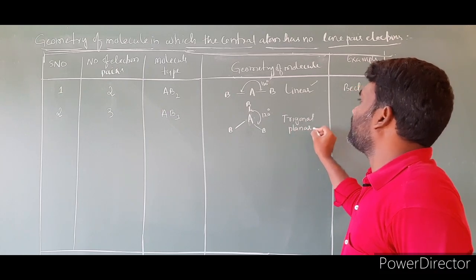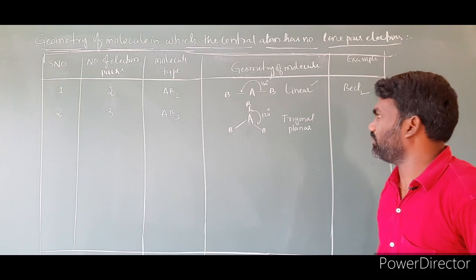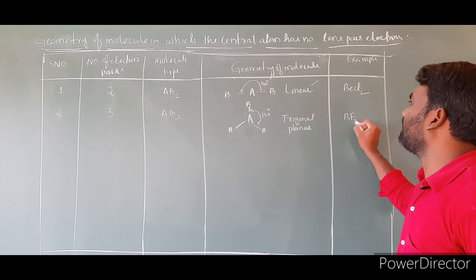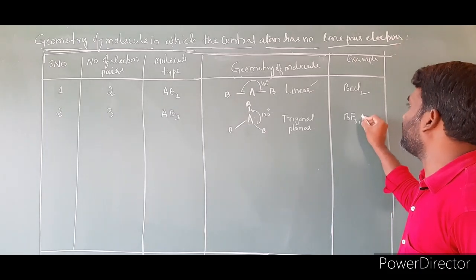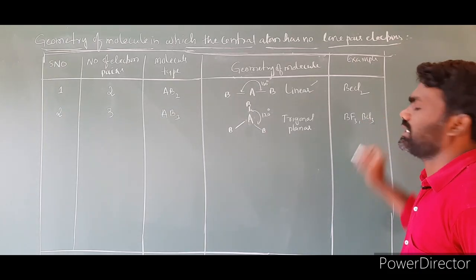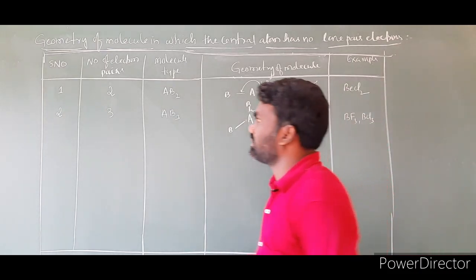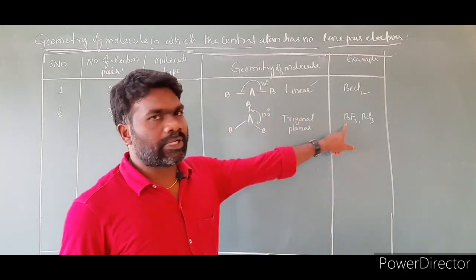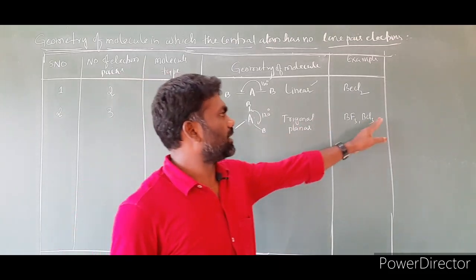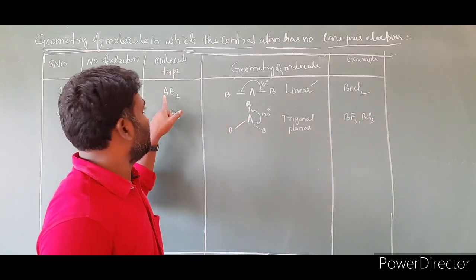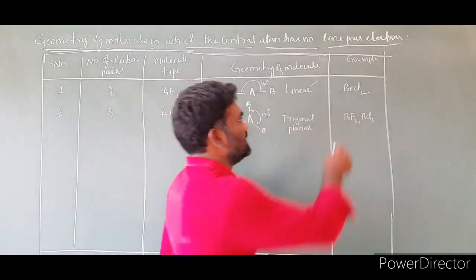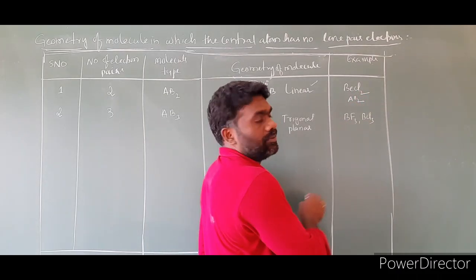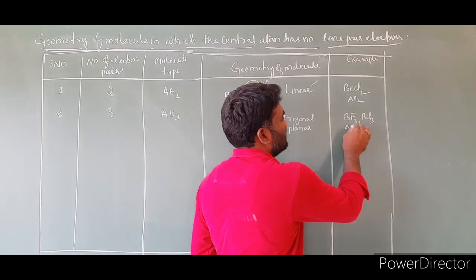Examples for this case are BF3, BCl3, etc. Here A is boron and B3 is chlorine or fluorine. In the first case, A is beryllium and the Cl is B2, so we label it as AB2.